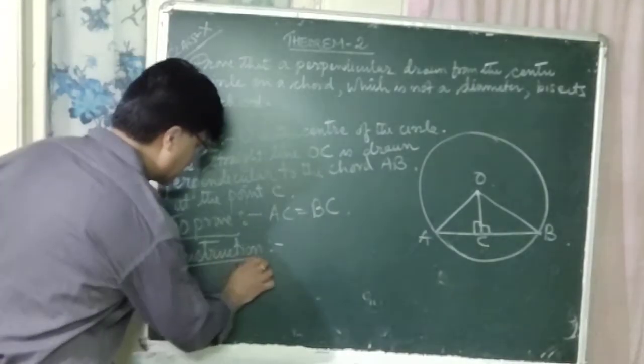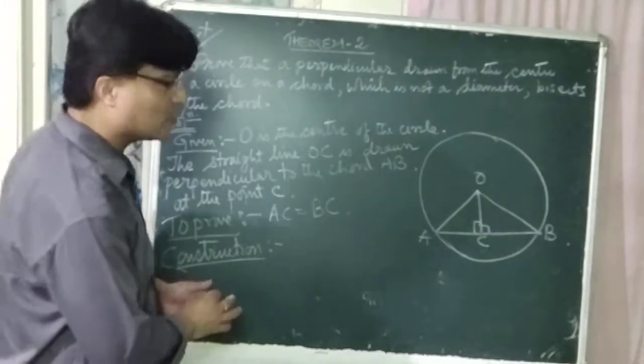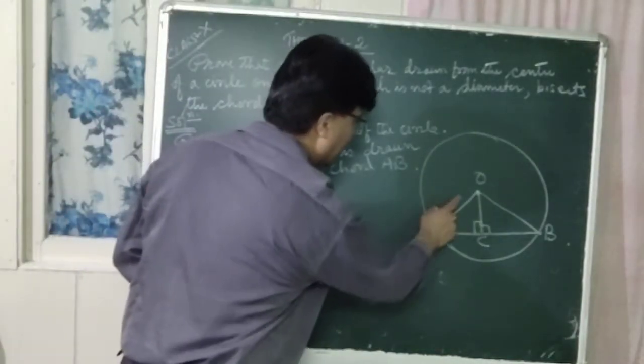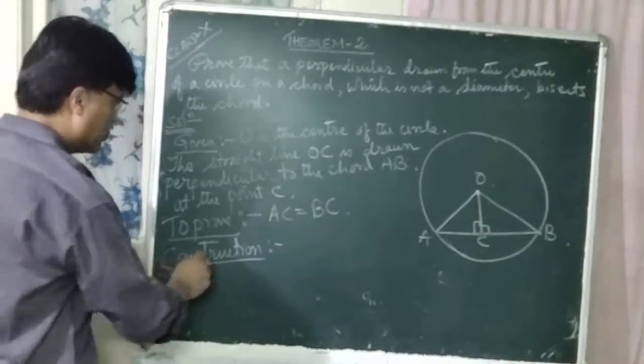So now construction. What did we do in the construction here? O, A and O, B are joined, right?